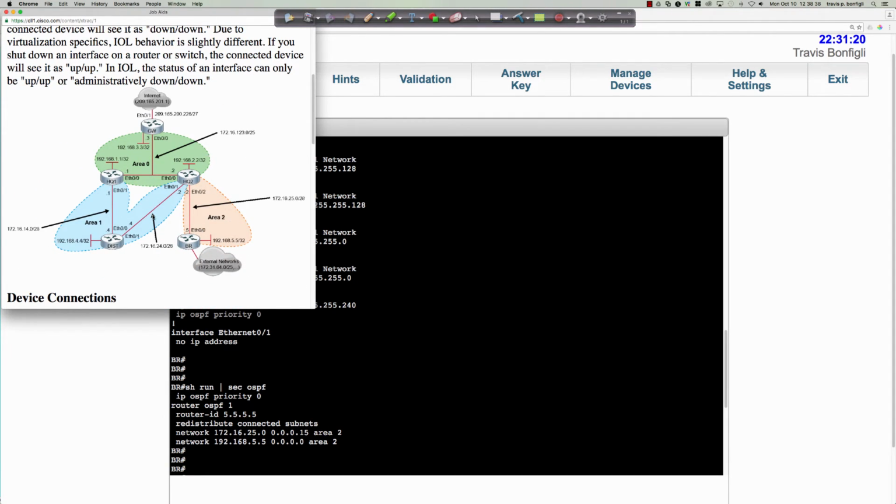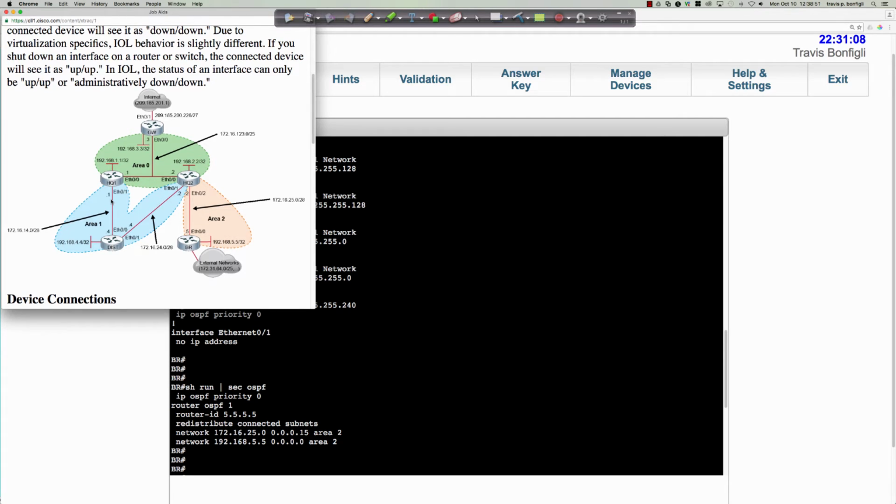So how could we reduce things here in Area 1? Well, one of the ways to do that is to simply turn Area 1 into a stub. And we could even take it one step further and make it a totally stubby area, so that the only thing we're seeing in Area 1 is going to be the default route.